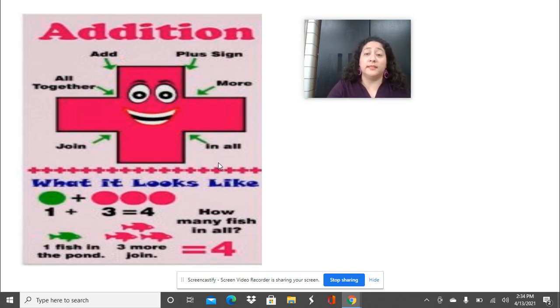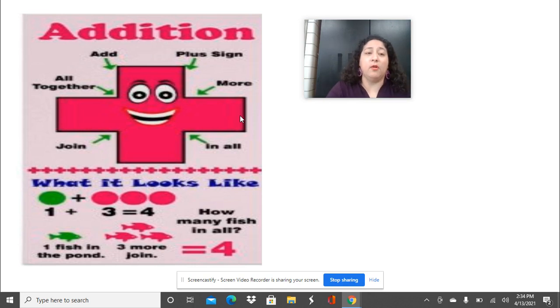Another word that tells you that you're going to be adding is the word in all. I have 3 pencils and then my teacher gives me 2 more. How many pencils do I have in all? When you hear in all, that means you're going to count everything together. So 3 and 2: 1, 2, 3, 4, 5. I have 5 pencils in all.